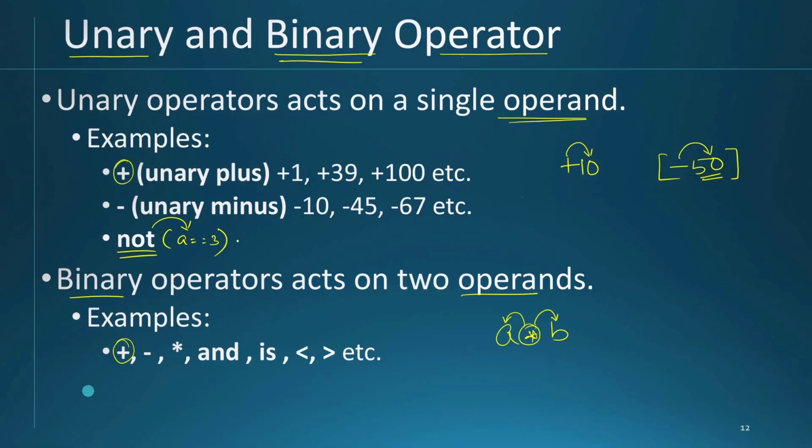The way in which you use it, Python will understand. If you write a equal to minus 10, Python understands this minus is actually the sign for the value 10, and minus 10 will be copied into a. Whereas if you write a equal to a minus 10, this is a subtraction operator, a binary operator with two operands, a and 10. So plus and minus can work as unary operators and as binary operators.